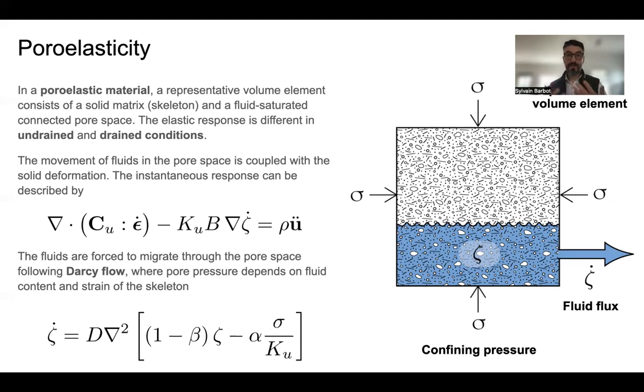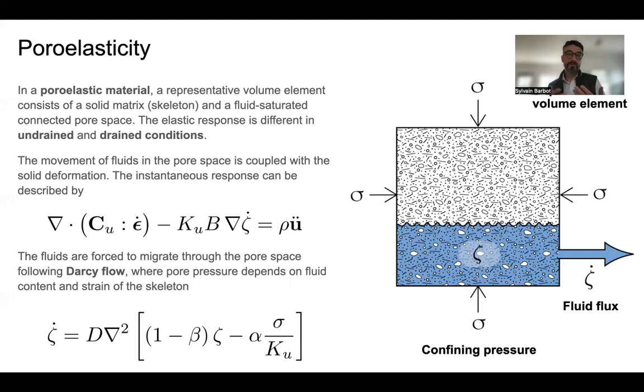So this can be described by considering the conservation of momentum. So this provides this equilibrium between strain rate and radiation of seismic waves. But in a poroelastic medium, this introduces another body force, which is proportional to the gradient of the fluid content. Fluid then can migrate following a Darcy flow law.